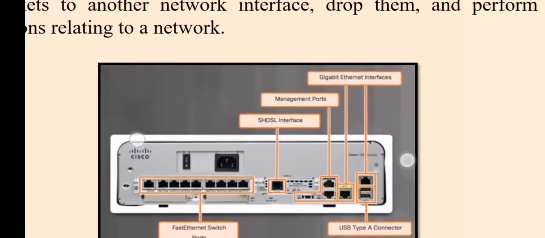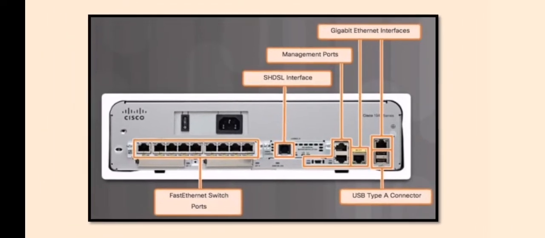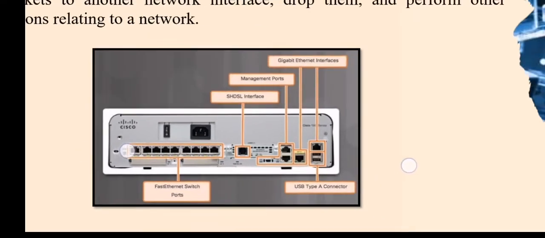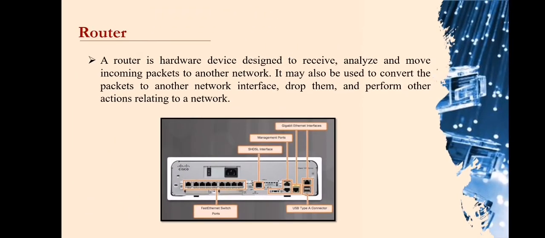This is an example of a Cisco router. If you have wireless internet at your house, most probably you have seen a router already, because what you use for your Wi-Fi connections at home is a router.